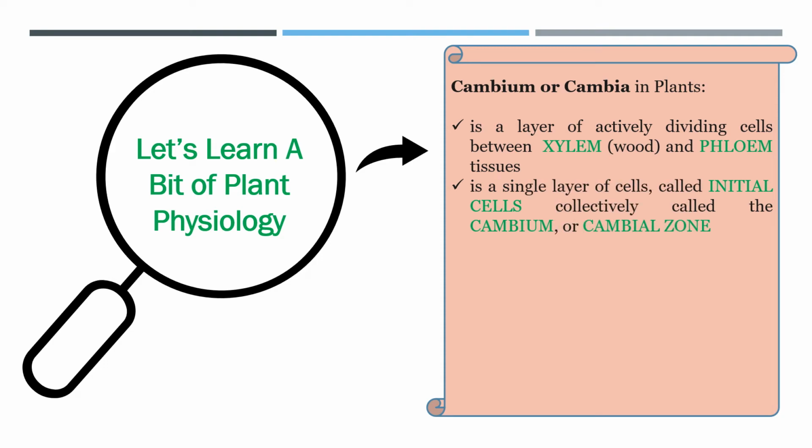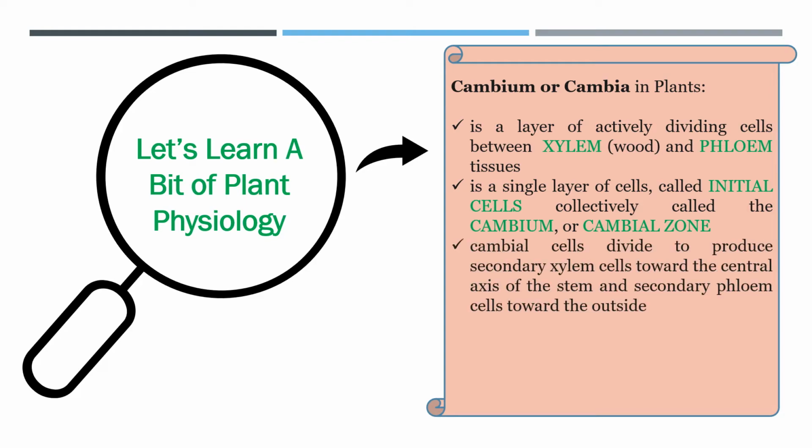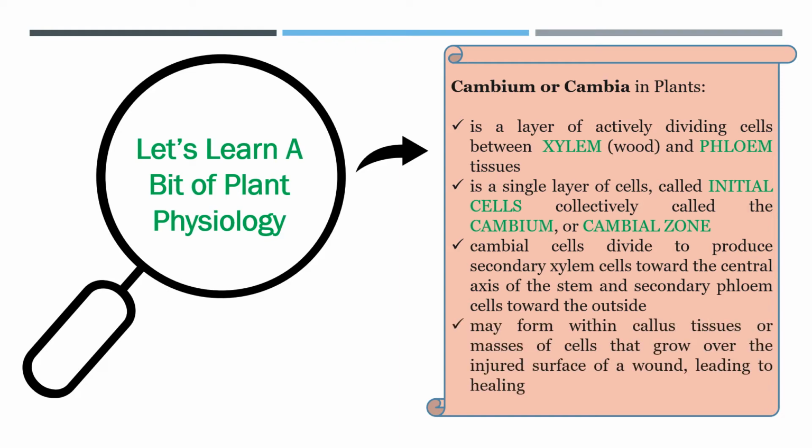This is also a single layer of cells called initial cells, but they are collectively called the cambium, cambial zone or cambium layer. These cambial cells divide to produce secondary xylem cells towards the central axis of the stem and secondary phloem cells towards the outside to form part of the bark.